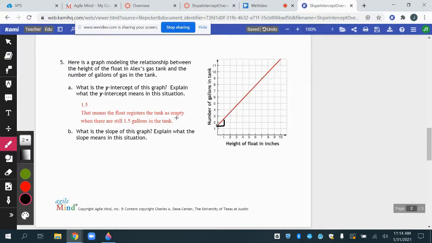I can ask myself, well, how far does it move all together? It moves 10, right? And it moves up from 1.5 to 12, which is a total of 10.5. All right. Okay, so what does that mean?